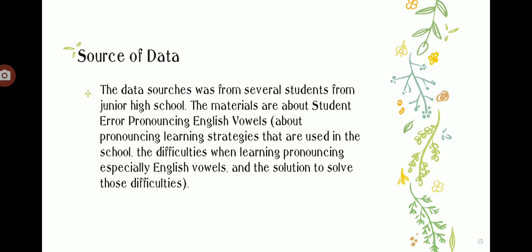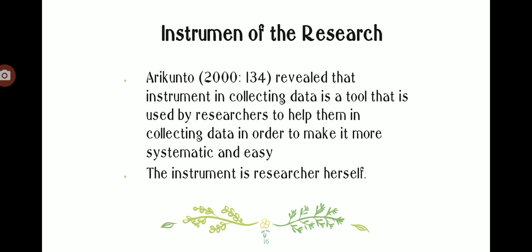And then the source of the data. The data sources were several students from junior high school. The material is about student errors in pronouncing English vowels, like the learning strategies that are used in the school, the difficulties when learning pronunciation, especially English vowels, and the solution to solve those difficulties.